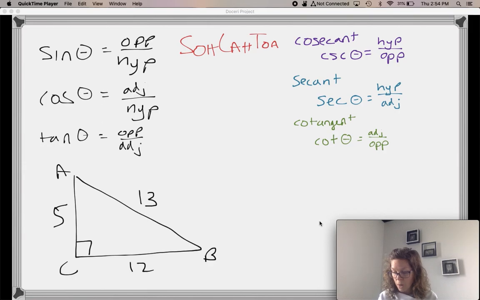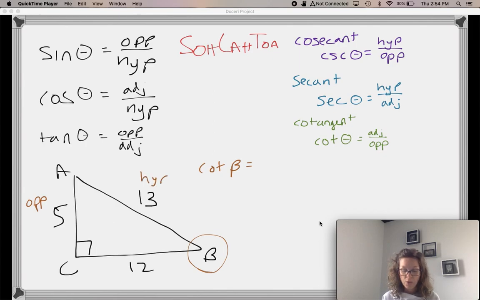And then for our problems, we're going to be asked to come up with a couple of these co-functions. So for example, let's find the cotangent of beta, the cotangent of the B angle. So if I focus on B, I'm going to label my triangle according to angle B. So that means 5 is opposite of B. 13 is the hypotenuse no matter what angle we focus on.